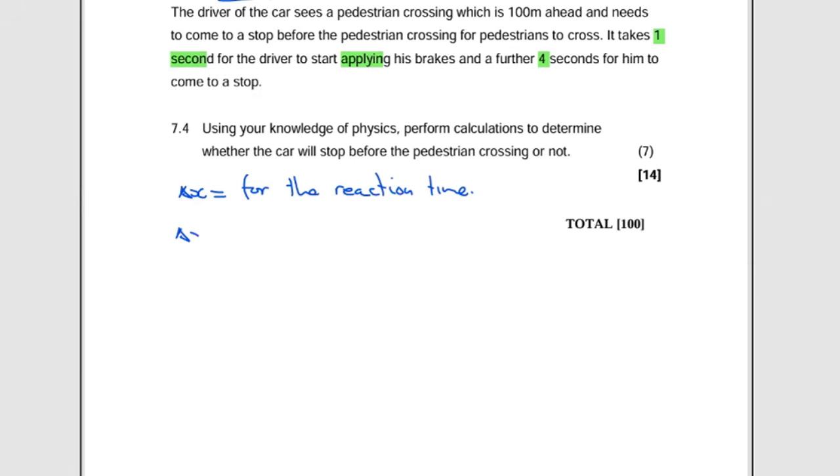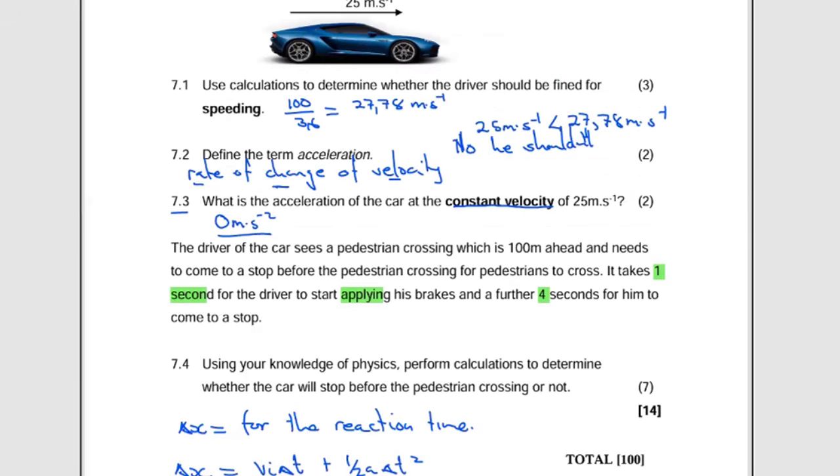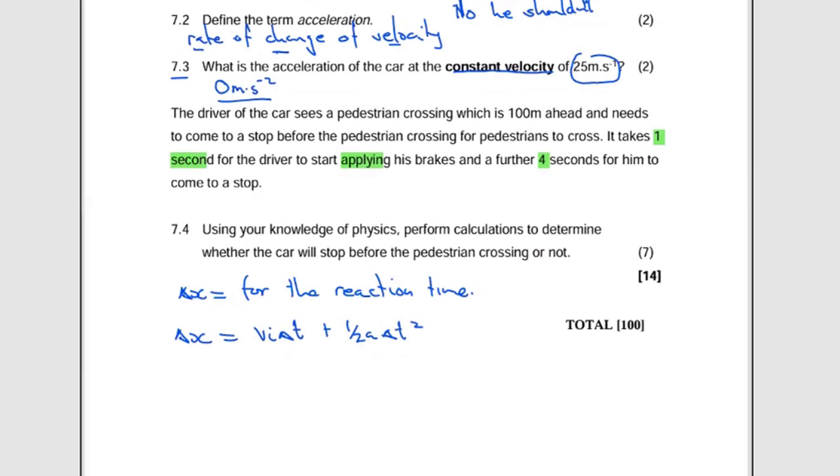So mathematically, delta x is equivalent to vi delta t plus half a delta t squared. According to this, the speed that the driver was traveling at is given as 25 meters per second. So I'm going to say 25.